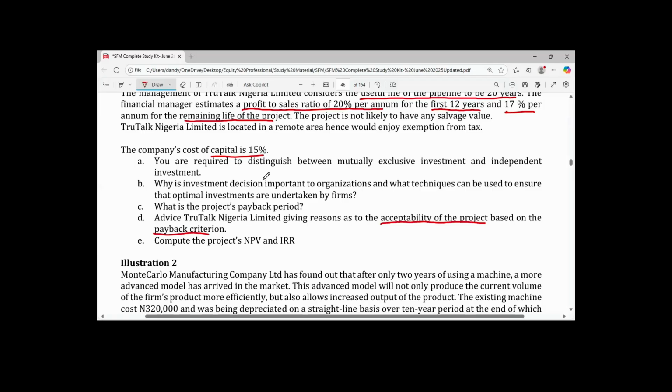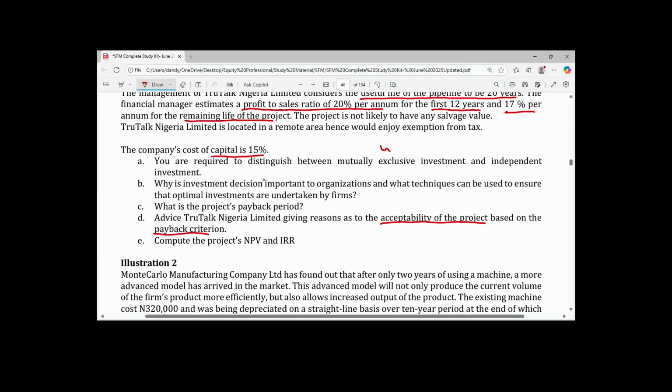The mutually exclusive investments are competing investments in which the acceptance of one will preclude the acceptance of the other. For example, if investment A and B are mutually exclusive, the acceptance of investment A will result in the rejection of investment B and vice versa.